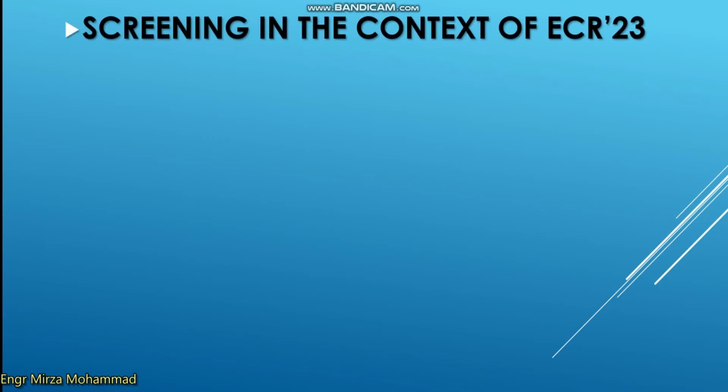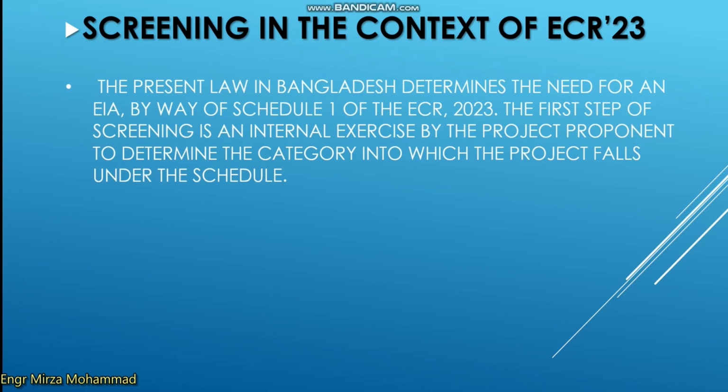So now we are going to discuss the screening process in the context of Bangladesh, that is ECR 23, which is also known as Environment Conservation Rules 2023. For environmental impact assessment, ECR 23, a set of rules and regulations, was made in Bangladesh to control environmental pollution and to ensure sustainable development. This rule replaced the previous one and established new standards for industry, such as water discharge limits.